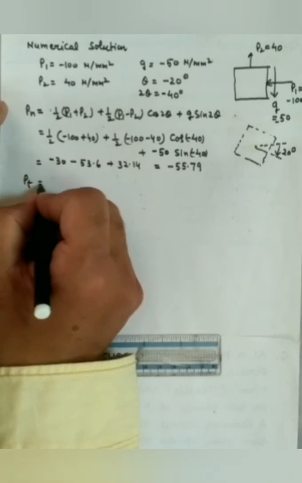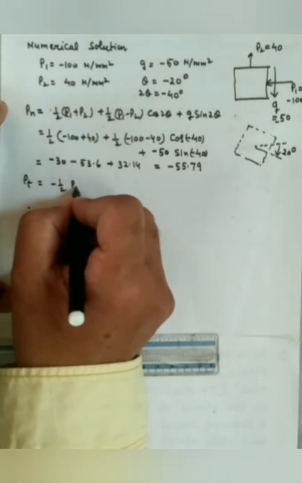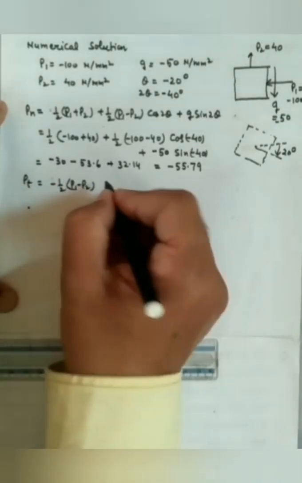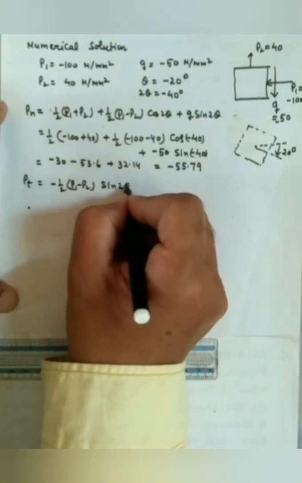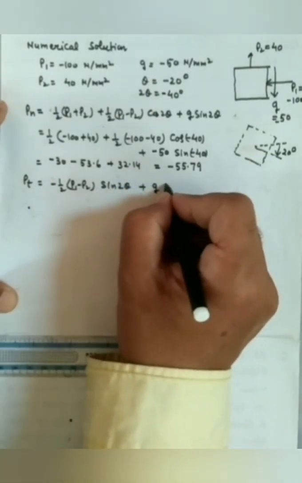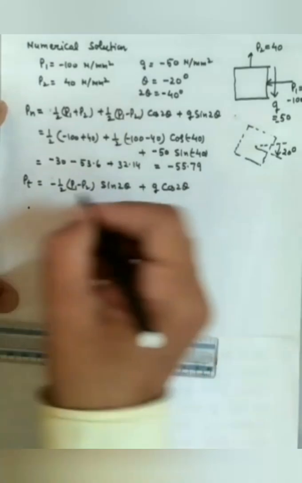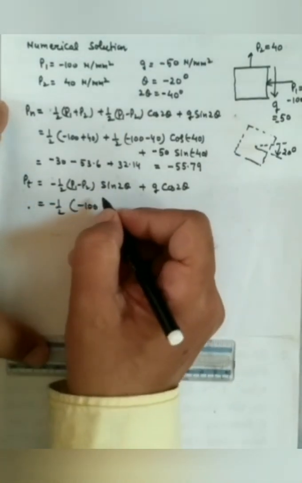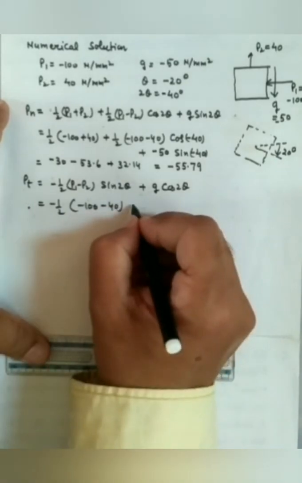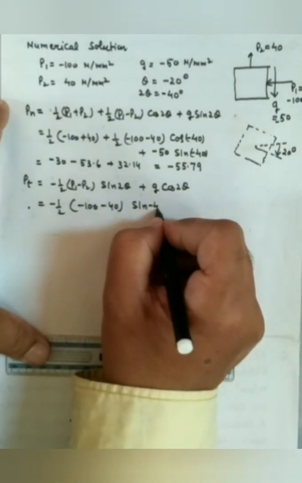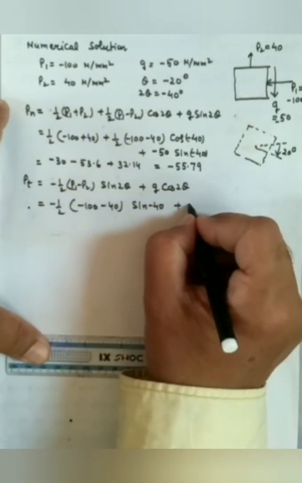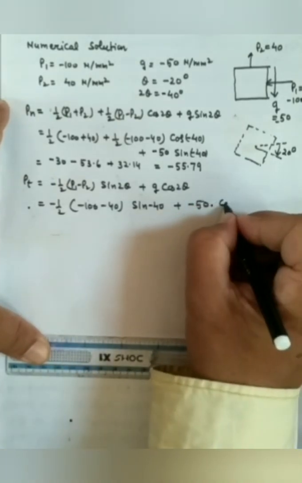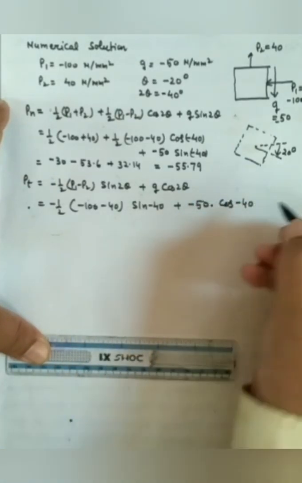And Pt from transformation equations is equal to minus 1 by 2 (P1 minus P2) sine of 2 theta plus Q cos 2 theta. So putting values, we have Pt equal to minus 1 by 2 (minus 100 minus 40) sine of minus 40 plus minus 50 cos of minus 40.